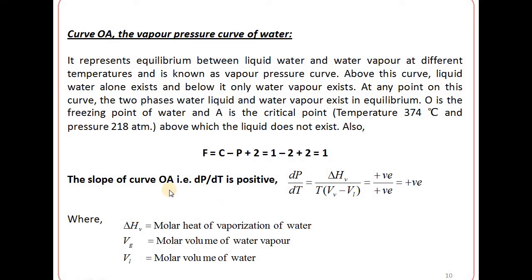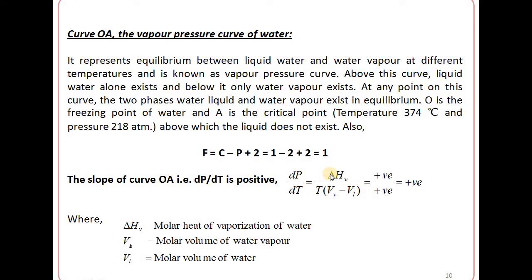Now what about the slope of the curve? The slope of the curve we can get from the Clausius-Clapeyron equation, according to which dP by dT is equal to ΔHv by T into (molar volume of vapor minus molar volume of liquid). The molar latent heat of vaporization is always positive. The molar volume of vapor will always be greater than the molar volume of liquid, so the denominator is also positive.